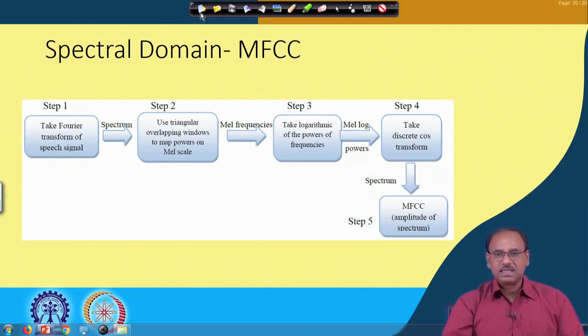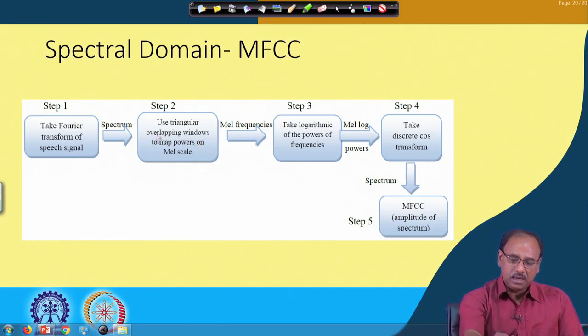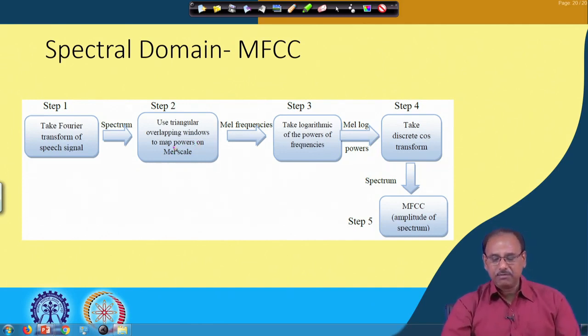This shows the steps for computation of MFCC. First, you take the Fourier transformation of the speech samples that you have. Then you convert these Fourier coefficients into Mel frequency coefficients. This is required because our auditory system is not that sensitive to high frequency components, but it is very sensitive to low frequency components. That is what is known as conversion to Mel frequencies.